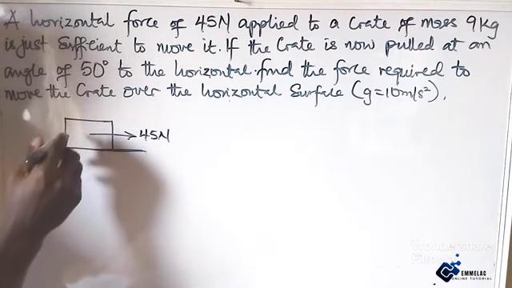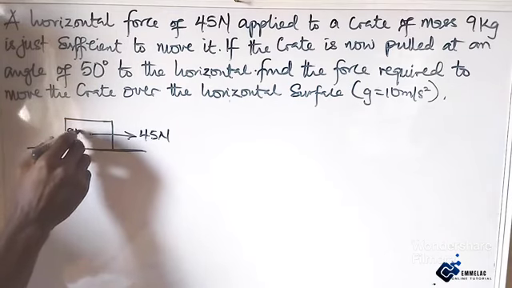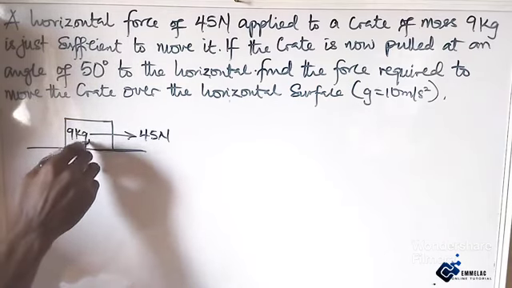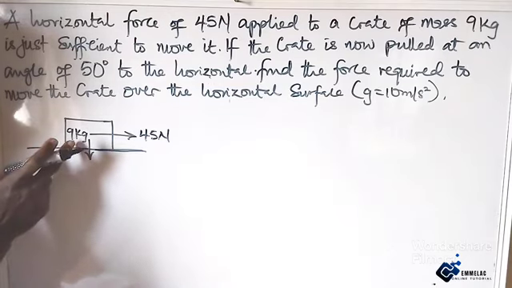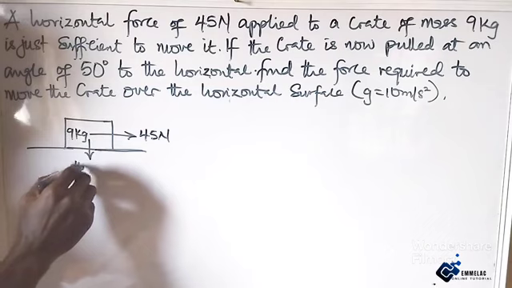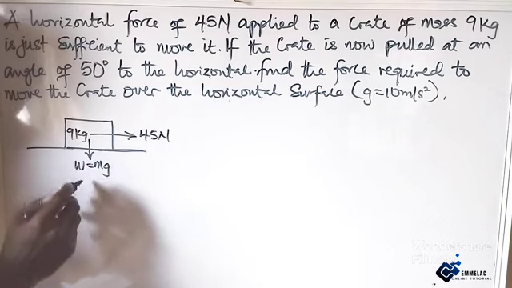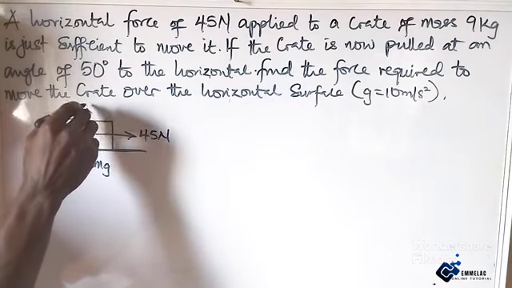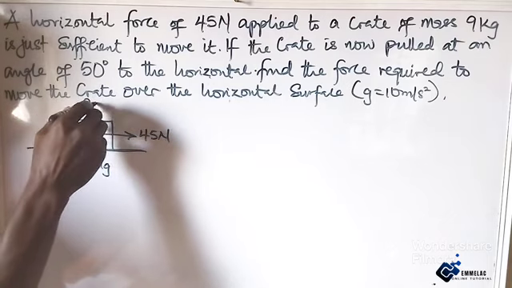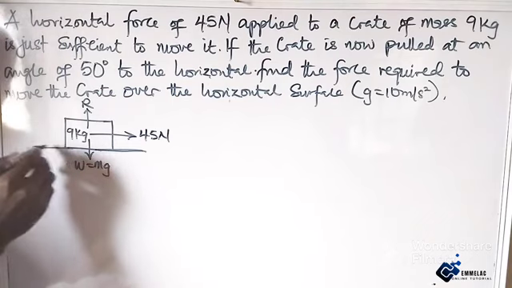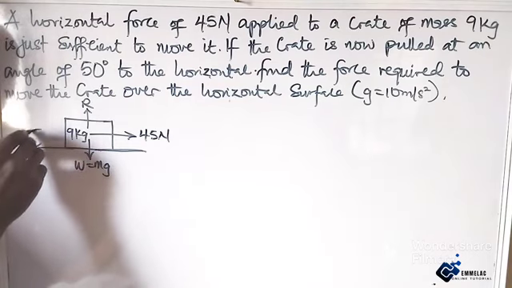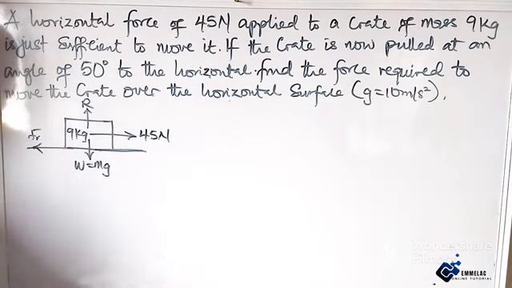And we know that the mass of this is 9 kilogram. So it means the weight of the body will be W equals what? Mass times acceleration due to gravity, and the reaction here, R, will also be the same. So here we have the frictional force acting against this.